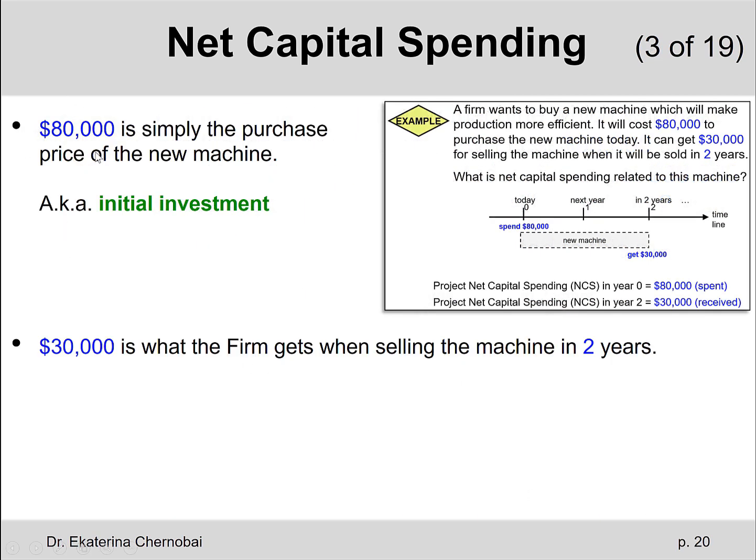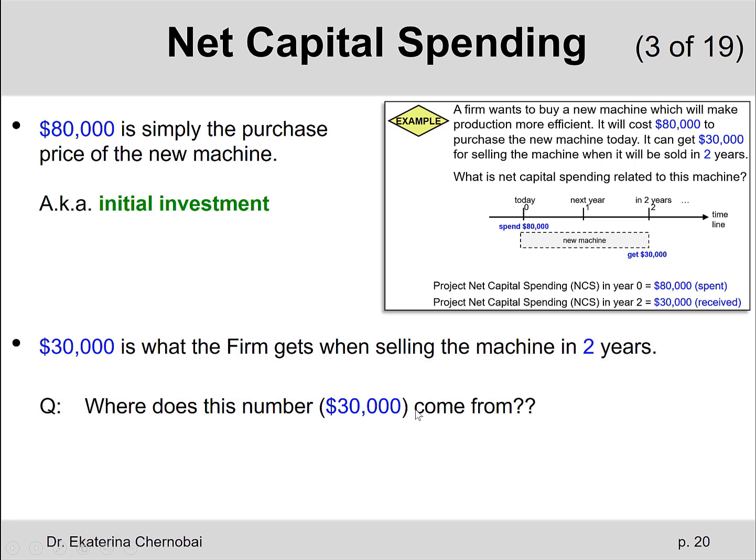Okay, so $80,000 is simply the purchase price of the new machine. This is also what we used to call the initial cost or the initial investment. For example, in the previous chapter, chapter 9. Now, what is the $30,000 that we get from selling the machine in 2 years?